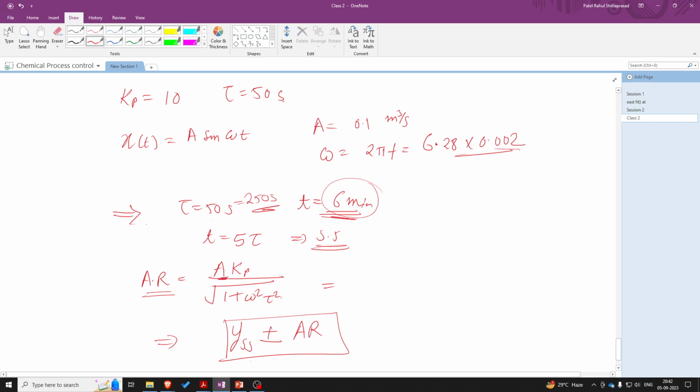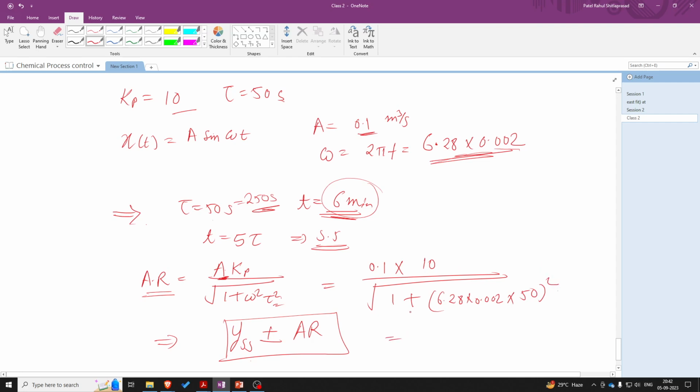So the A or the amplitude is given as 0.1 meter cube per second. Then Kp we have been given as 10. Then in the denominator, omega we found out as 6.28 into 0.002, and tau is 50, this whole square.